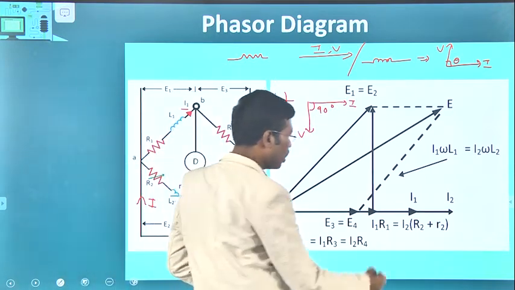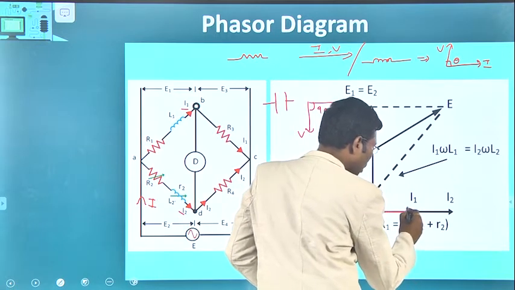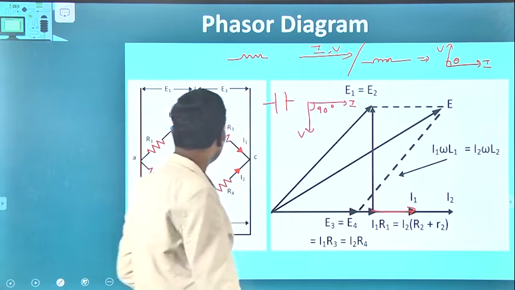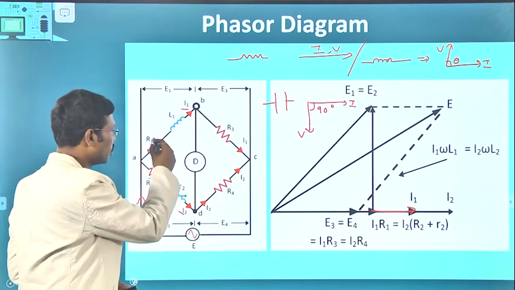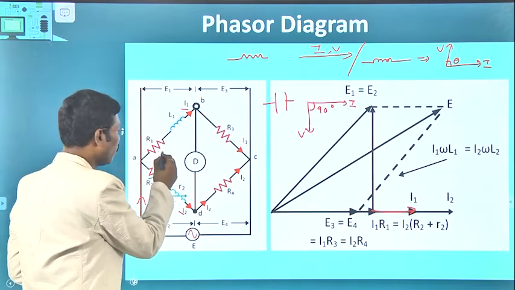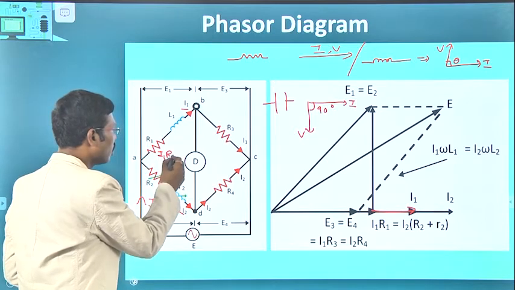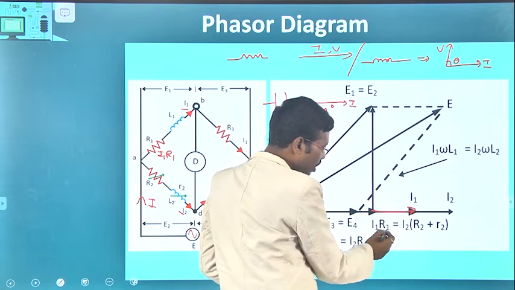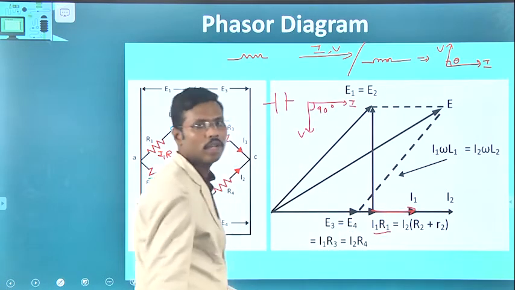This current I1 is passing through the resistance R1, so the voltage drop will be I1 into R1. That is why I have represented one more vector, I1 into R1, over here.